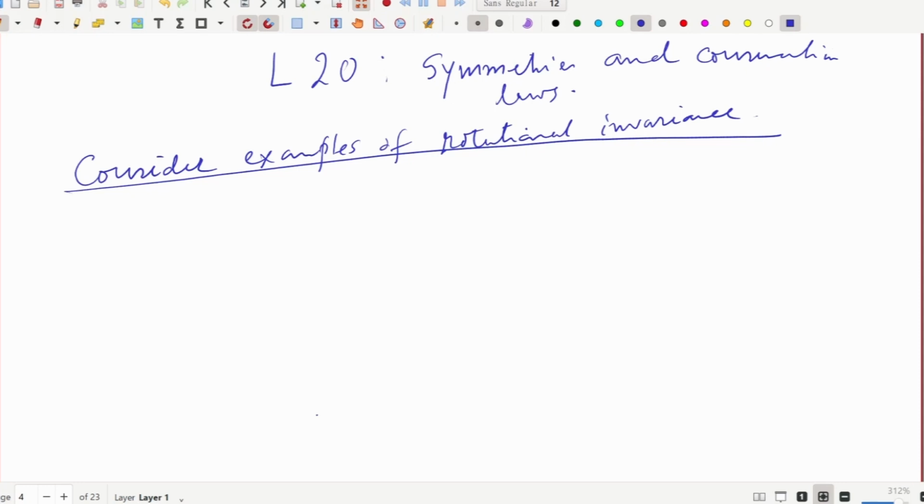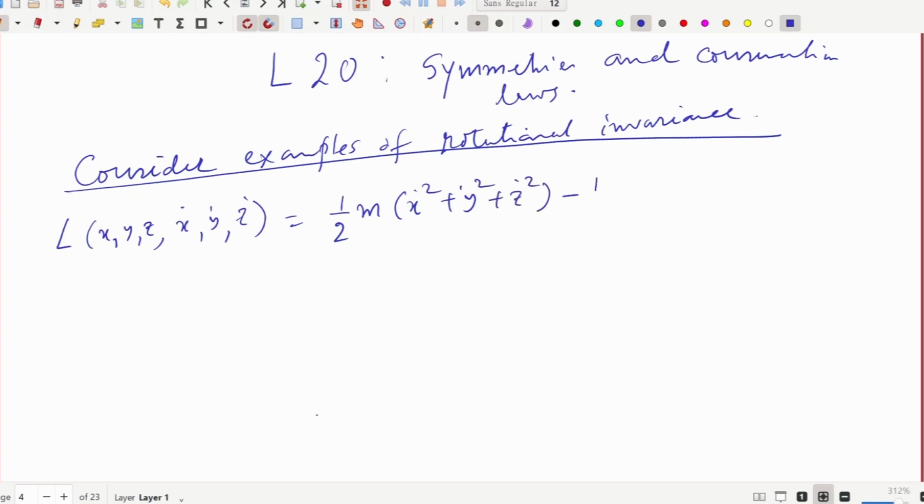Let us consider this Lagrangian in the Cartesian coordinates x, y, z, which we will take as the generalized coordinates, with x dot and so on. Let me write a specific Lagrangian: half m times x dot square plus y dot square plus z dot square, minus half m omega square times x square plus y square plus some constant times z square.